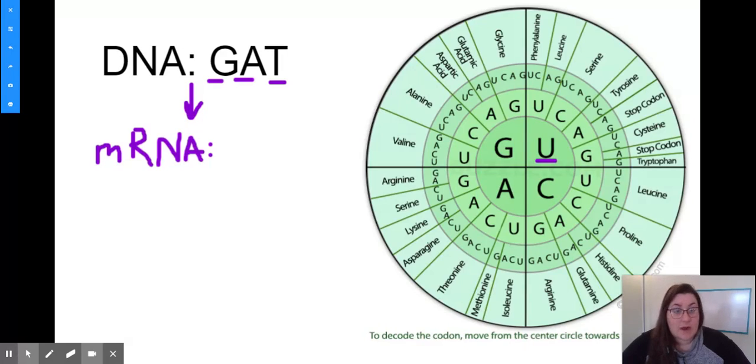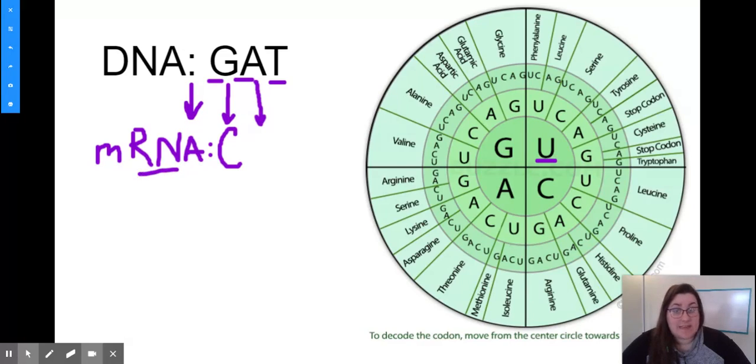So I know that in DNA, G usually pairs with C. That's our standard practice with DNA to DNA. Well, C's are totally allowed in my mRNA molecule. Those are a molecule I can have. So I know that the first letter of my mRNA is going to be a C. The second letter of my DNA molecule is an A. Normally I would pair A with T, but my RNA molecules are not allowed to have thymine.